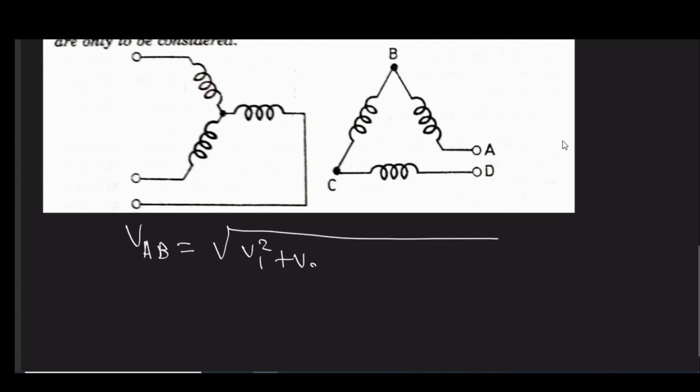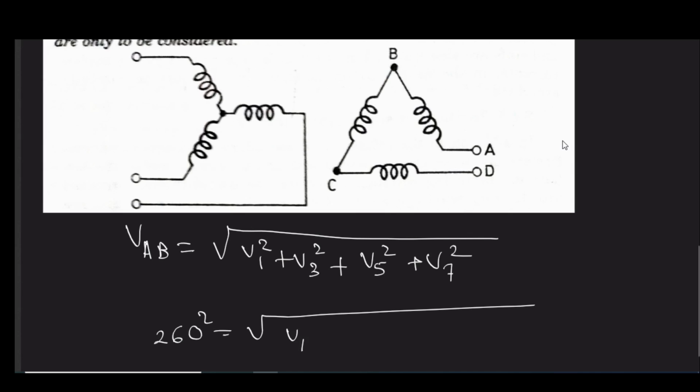It is root under V1 square plus V3 square plus V5 square plus V7 square. We are considering up to the 7th harmonic voltage. So we can write that 260 square is equal to V1 square plus V3 square, and so on.